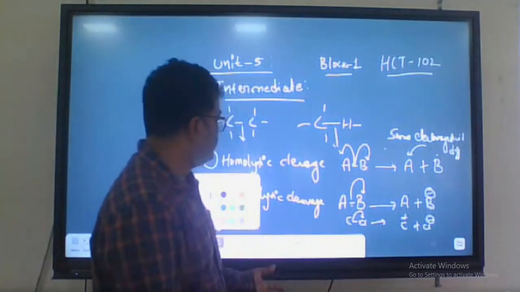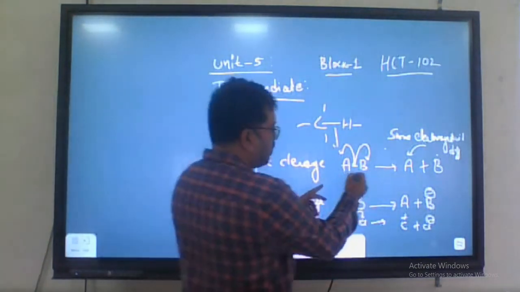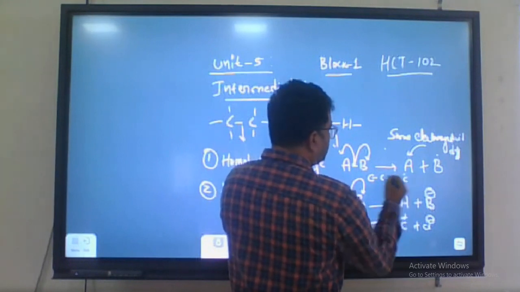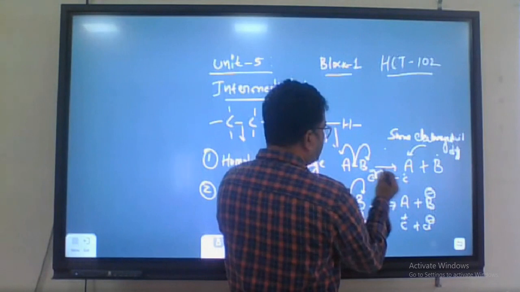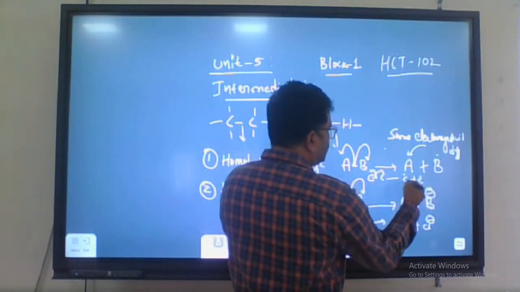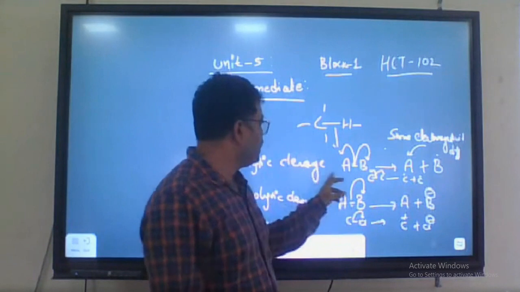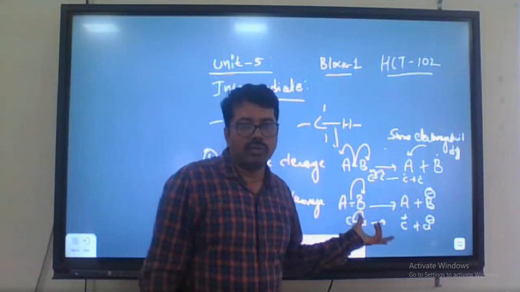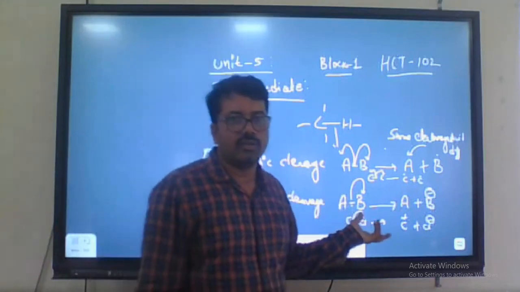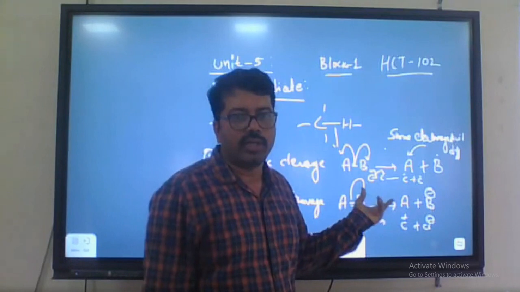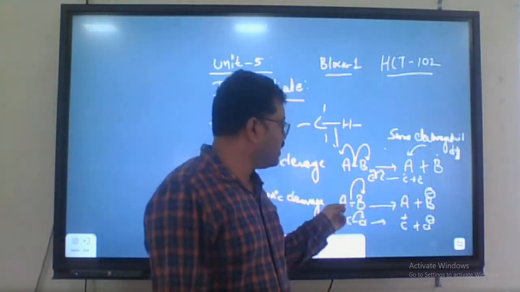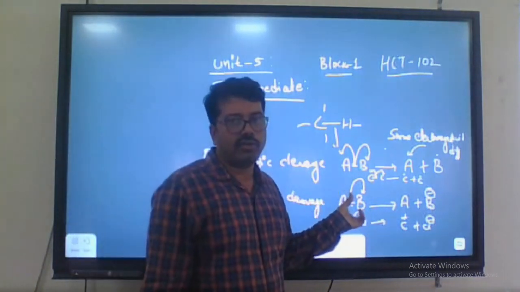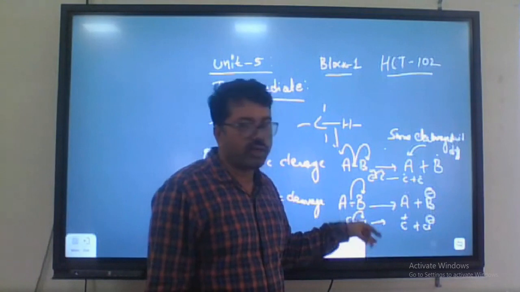So it is heterolytic. If you want a homolytic example, carbon-carbon means one carbon plus another carbon, equal sharing, radical carbon. Here, due to the difference in electronegativity, chlorine is more electronegative.